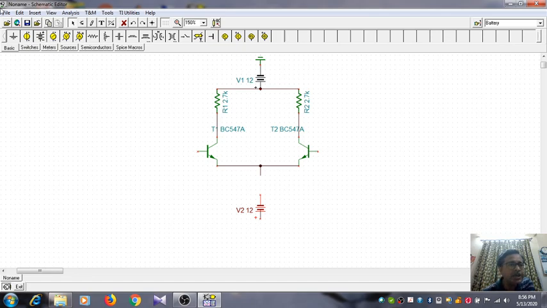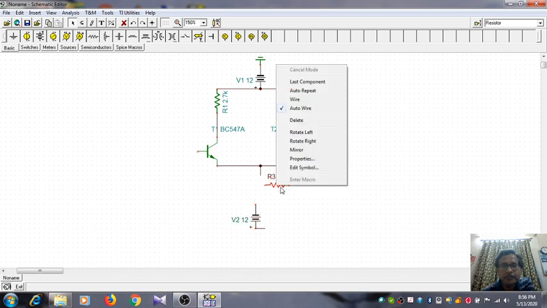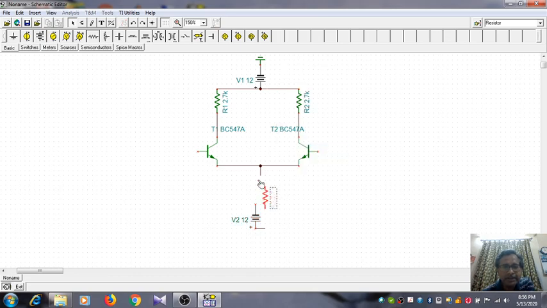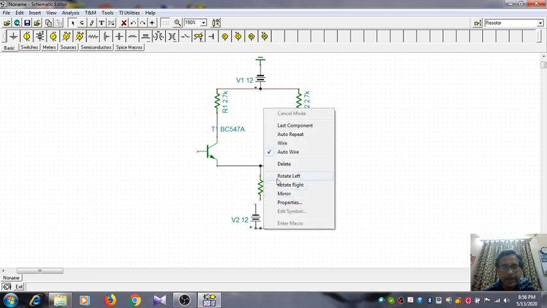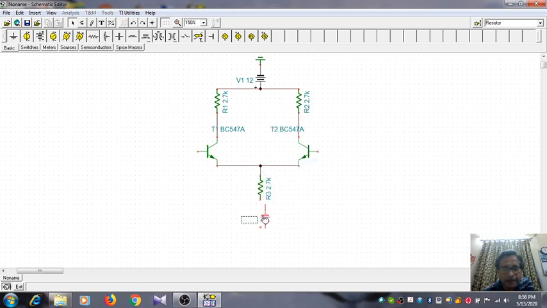Oh God. Let me put another resistance in. Yeah, rotate right, put it here. One unnecessary wire has come, let us delete it. So for the connection we have to be very proper. Yeah, let us hope that it is done properly.